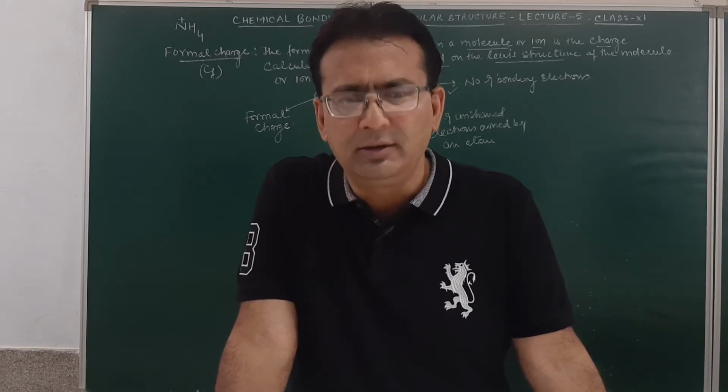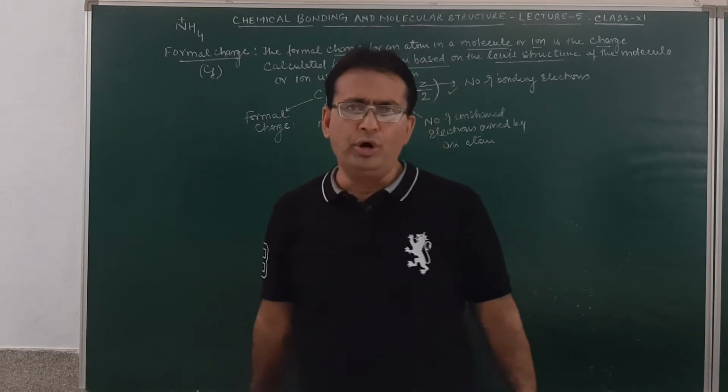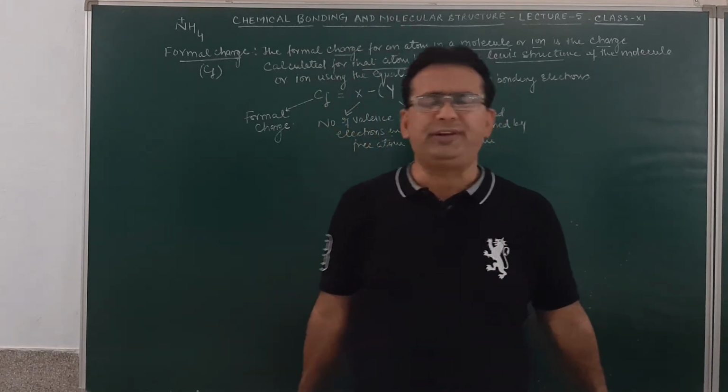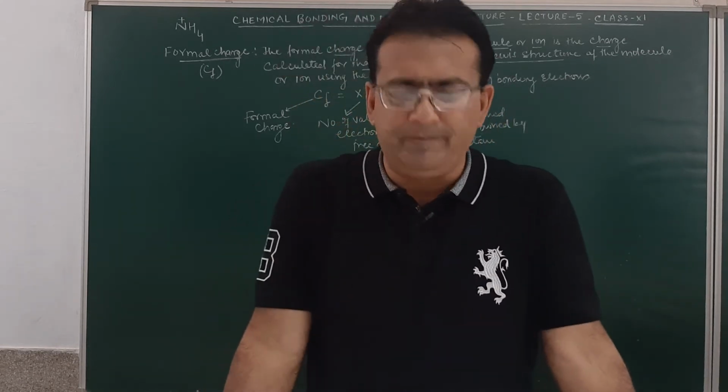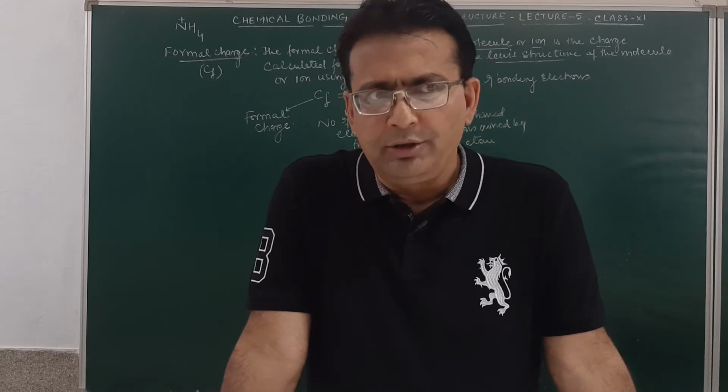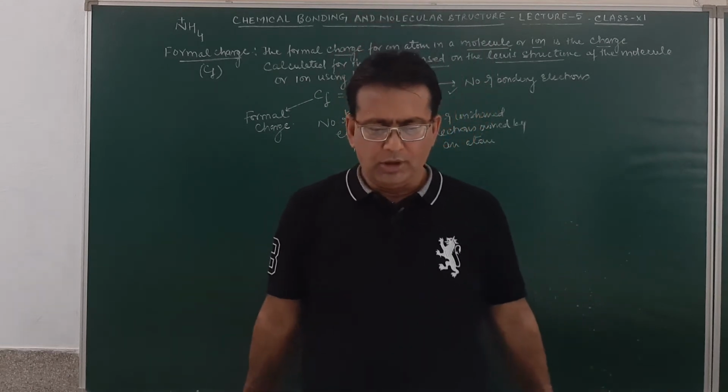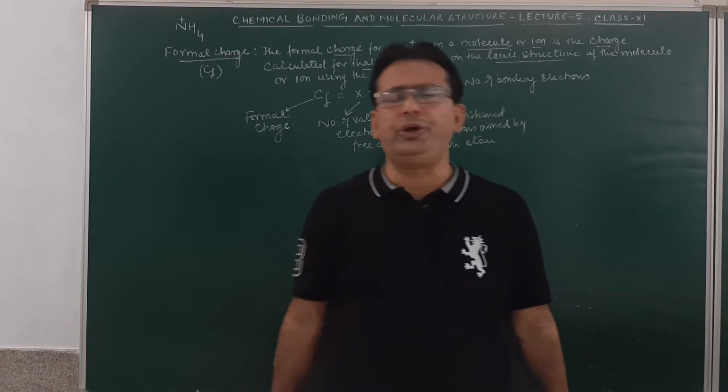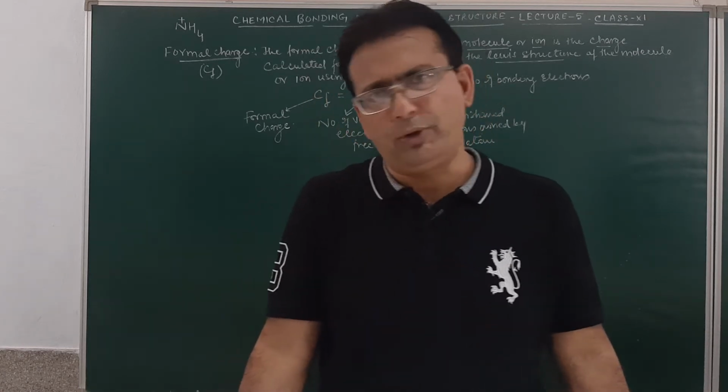Generally speaking, the more likely Lewis structure for the molecule or ion is one in which the formal charges are close to 0 as far as possible.